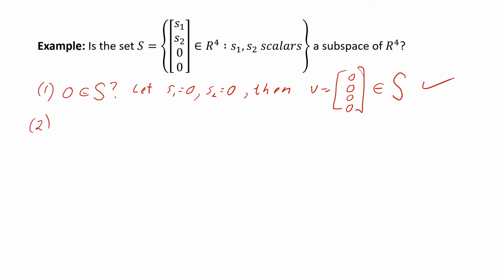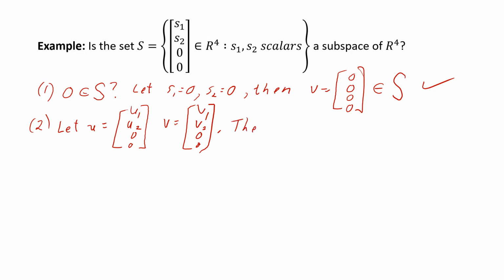Second condition. To show that it is closed under vector addition, what we do is we say, let U equal U1, U2, 0, 0, and V equal V1, V2, 0, 0. Those are two vectors that are in our set S. Now we say, what about U plus V?